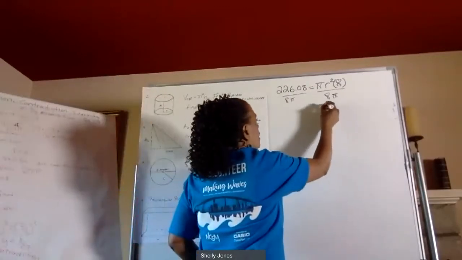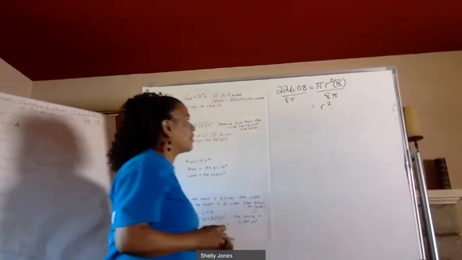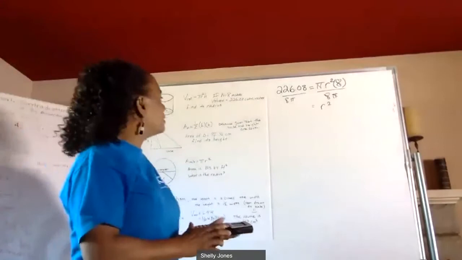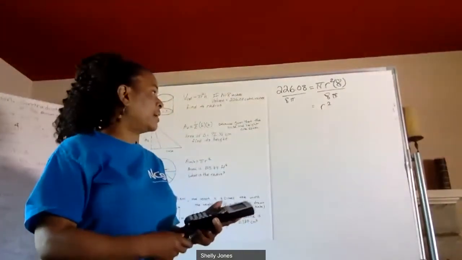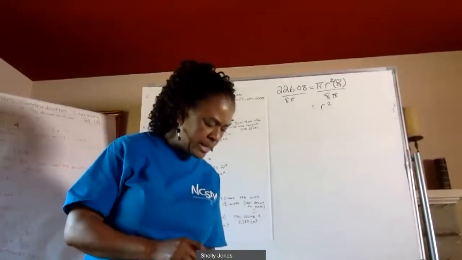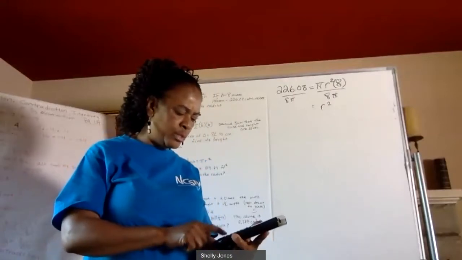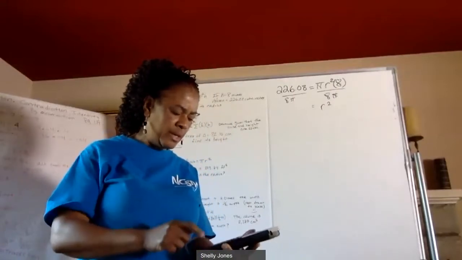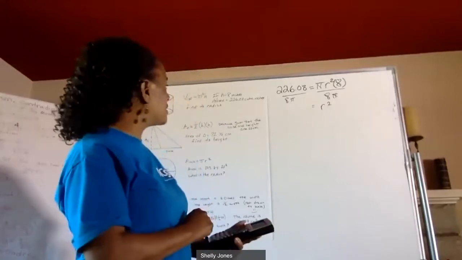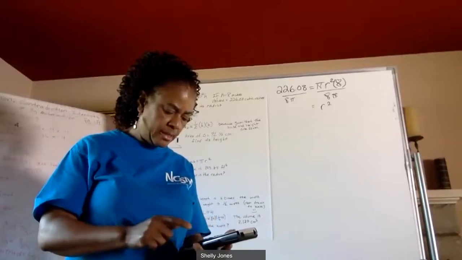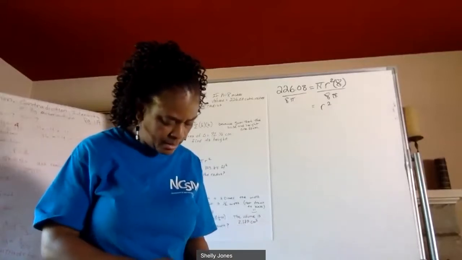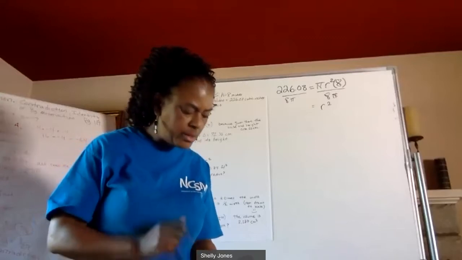So r squared equals 226.08 divided by 8 pi. On my calculator, I'm going to do 226.08 divided by, parenthesis, 8 times second pi, parenthesis, equals.